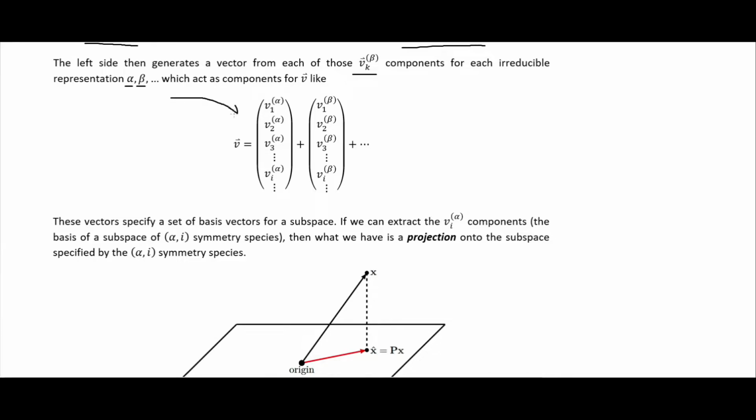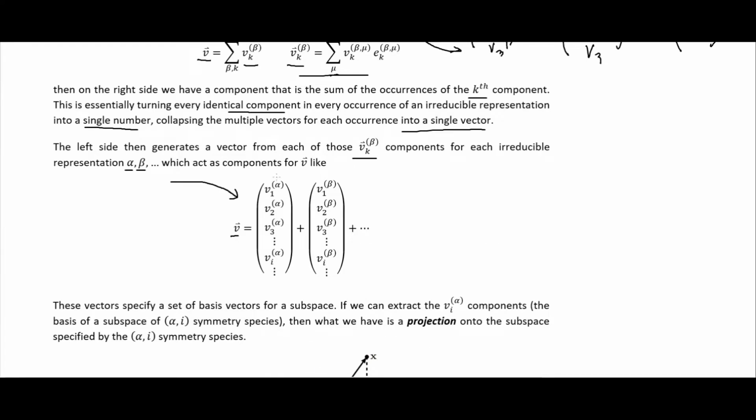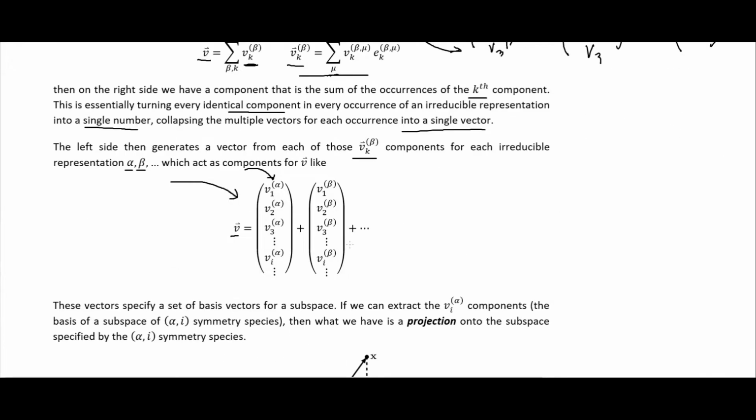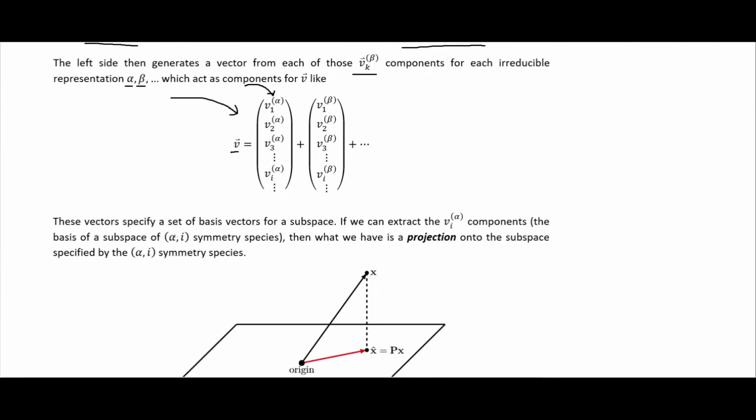So we have these components here for our V, where each of these vectors, as I said, are these components right here, which were made from the summation of the different occurrences of these vectors here. So these vectors specify a set of basis vectors for a subspace.